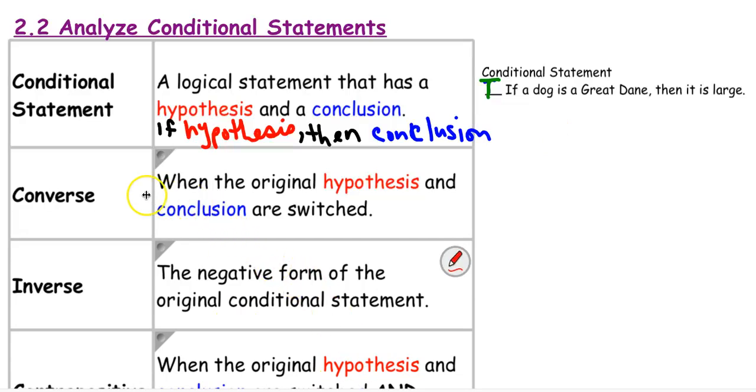Now, converse. Converse is another variation of our original conditional statement. This is when the original hypothesis and conclusion are switched. So what we're going to have here is we're still going to have an if-then statement, but instead we're going to say the conclusion first. So if conclusion, then hypothesis.